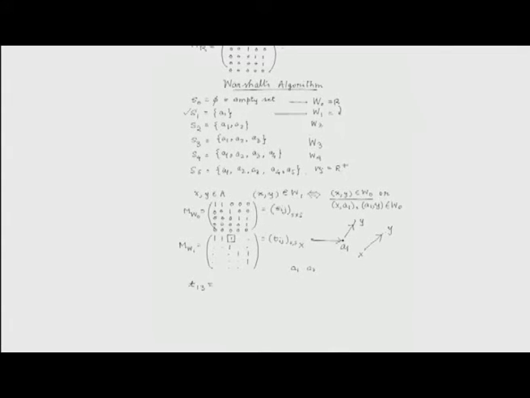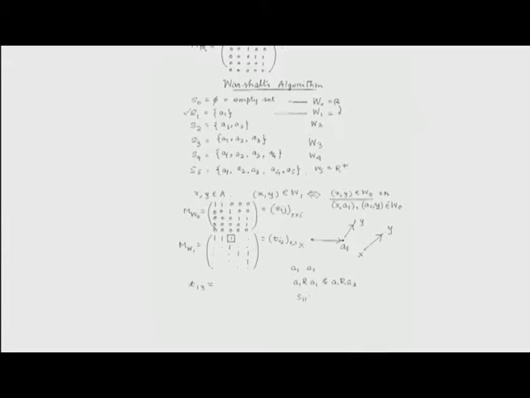For that, I have to check whether A 1 is related to A 1 and A 1 is related to A 3. A 1 related to A 1 is given by the entry S 1 1.